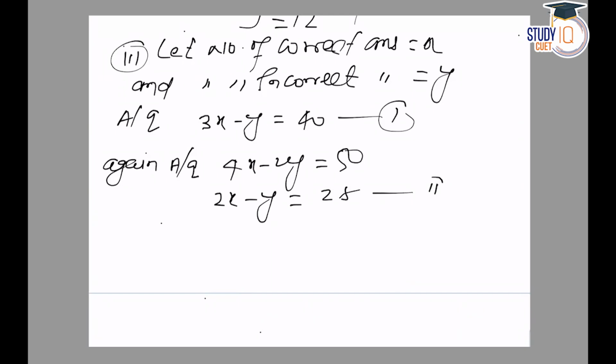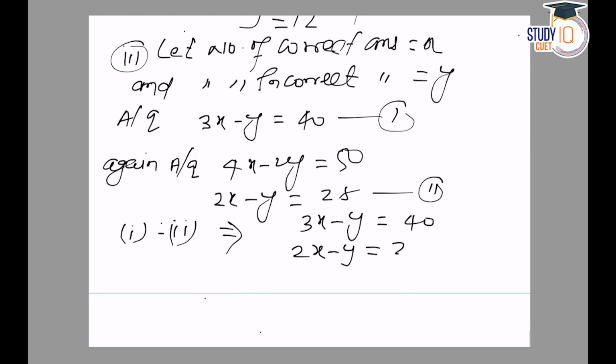That is equation 2. Now, from 1 minus 2, we get 3x minus y equals 40 and 2x minus y equals 25. Y will be cancelled out. So we get x equals 15. Now put the value of x in any one equation. We will get y equals 5.